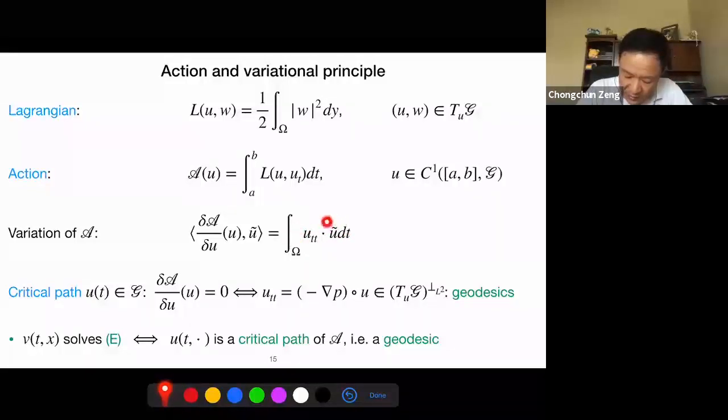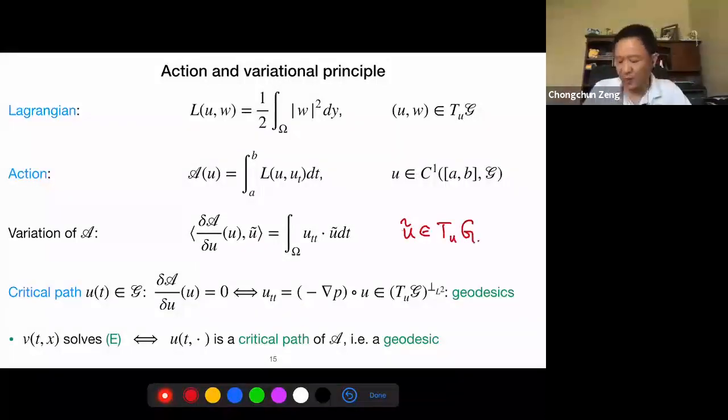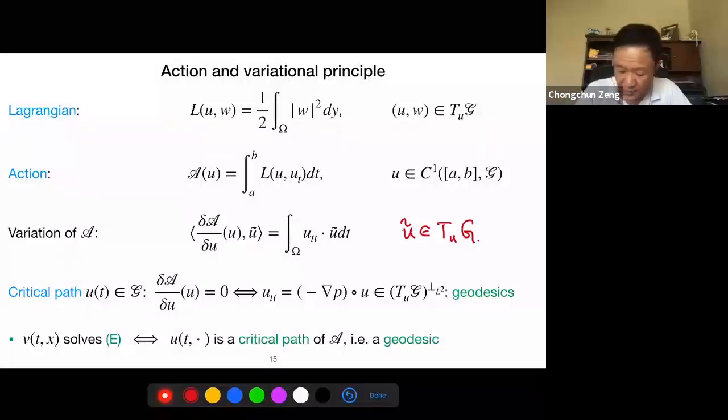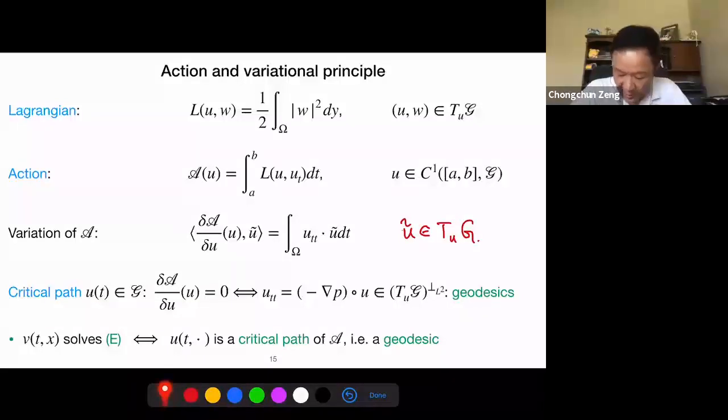And this doesn't mean that u_tt must be 0, because right now ũ, the variation of vector field, must be a tangent vector field. So here ũ must be in the tangent space of the configuration space at the point u. So this variation of vector field is not arbitrary.